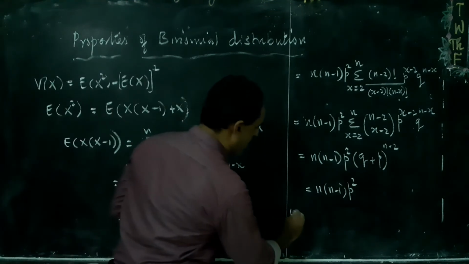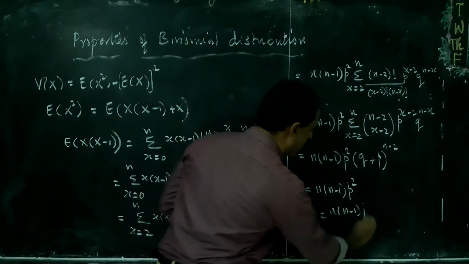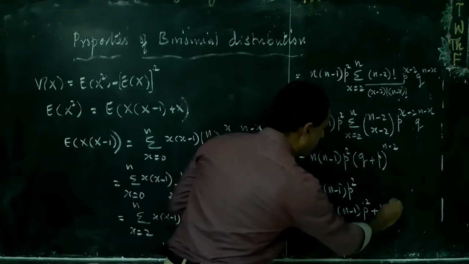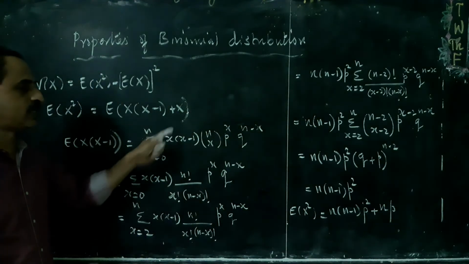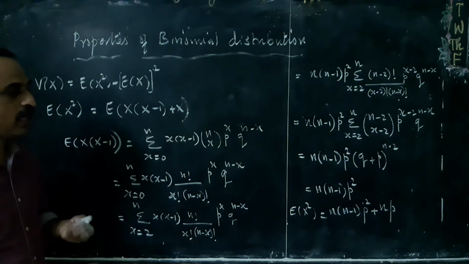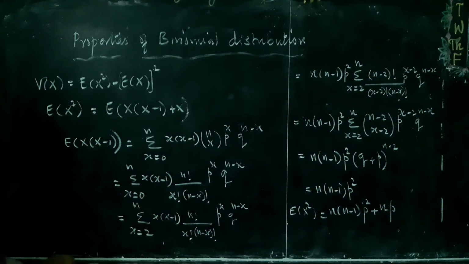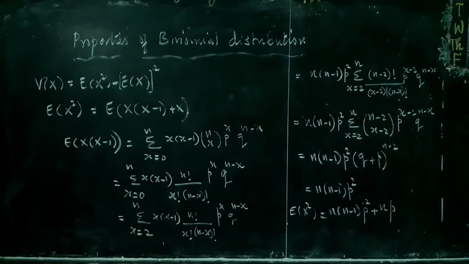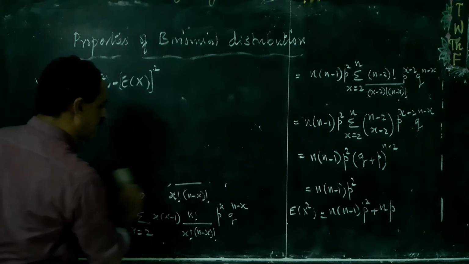So, E of x square is n into n minus 1 p square plus np. That np is from the side of E of x. So, variance of x is E of x square minus E of x whole square. So, we substitute the values of both expectations.